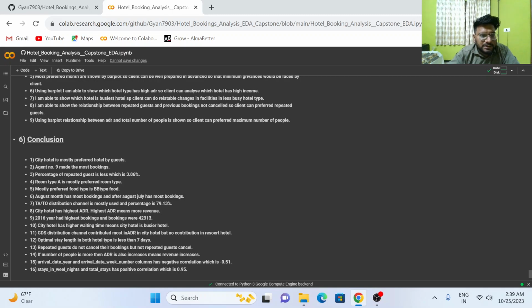Next would be the correlations. We found two significant correlations. First was a negative correlation between the arrival date year and arrival date week number columns, of minus 0.51. Next was a positive correlation between stays in week nights and total stays, of 0.95.